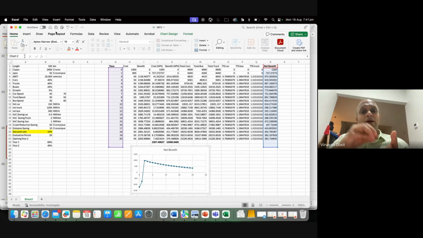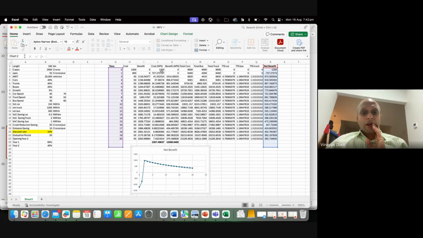The second concept is how do you calculate the economic benefits based on value of time. The third concept is what is the economic benefits based on savings, operational cost savings. Then how do you add that all up across crash reduction, emission reduction, and then do a net benefit.